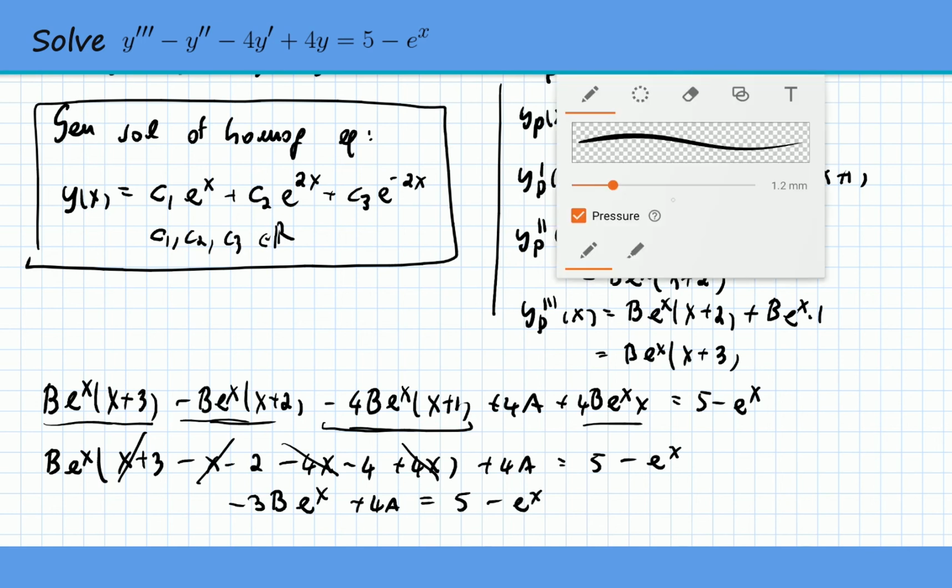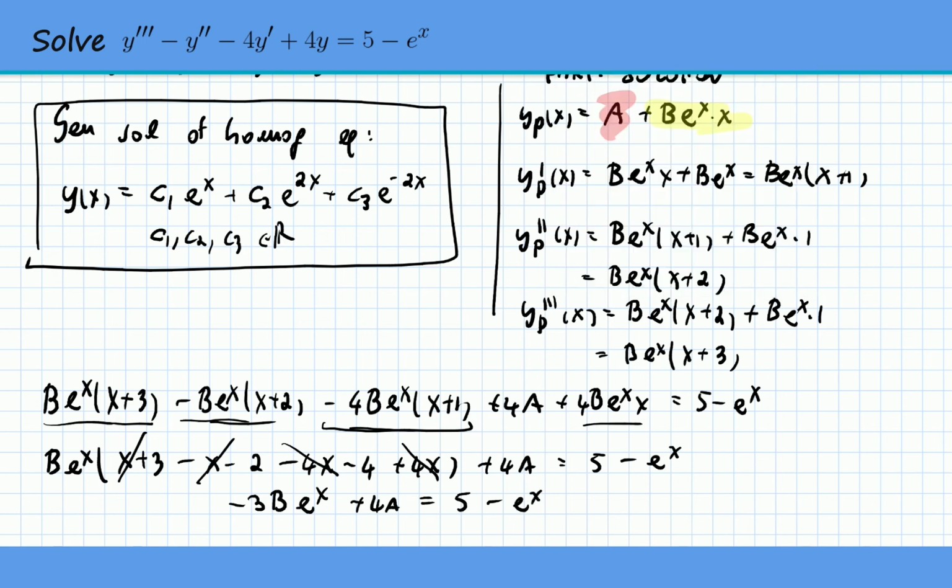And at this point, I have the constant term, which should be equal to this one for a, and the exponential term, e to the x. Here it has a coefficient of 1, and here it has a coefficient of minus 3b. This allows me to find a system of two equations in two unknowns and find a and b.